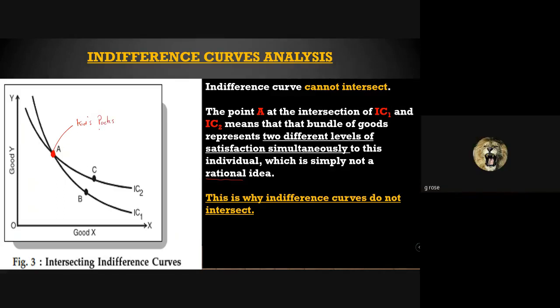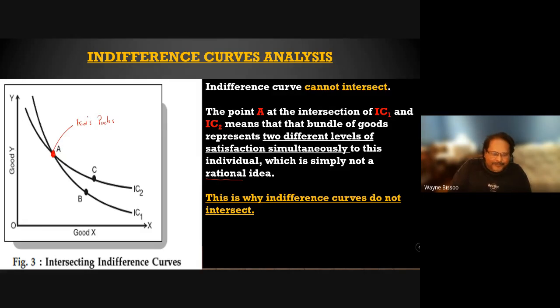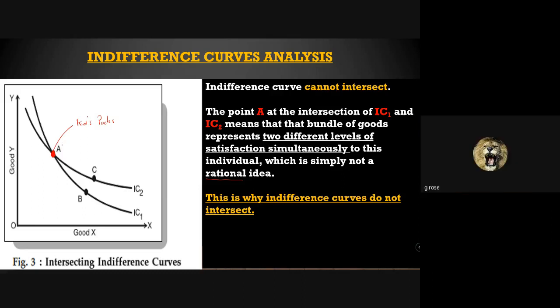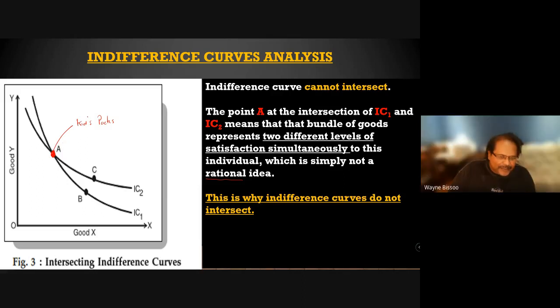So this kids pack yields for you two separate levels of satisfaction, or one level of satisfaction? It has to be one. Yes, it will be one. So that's the point I'm trying to make. It can't represent two separate levels of satisfaction, because this is saying this is 20 utils of satisfaction and this is 30 utils of satisfaction.